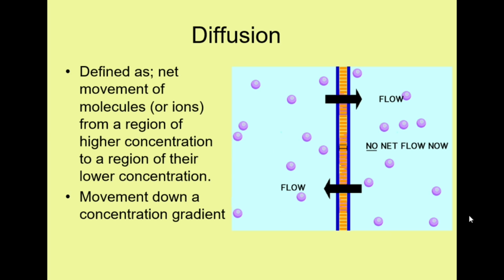And that's simple diffusion. So an example of this, where it's really important for life, is simply the diffusion of oxygen from our lungs. So when we take a nice big mouthful of air, that air is high in oxygen and low in carbon dioxide. It goes into our lungs, and then oxygen will diffuse down a concentration gradient from our lungs into our blood. So the blood that is brought back to our lungs is low in oxygen because our body has used all the oxygen up, but it's also high in CO2 because the blood has gathered CO2 as it's been moving around the body.